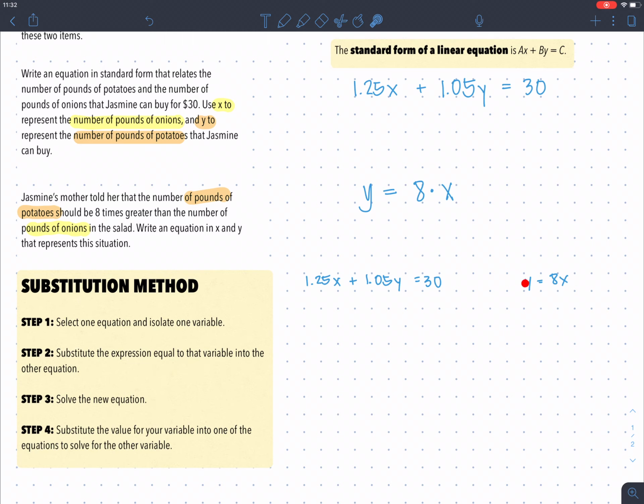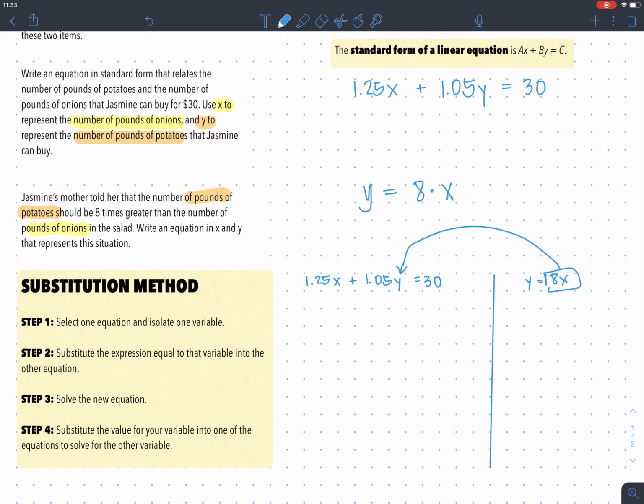It doesn't have to be y, it could be x, but because y is already isolated, I'm going to use that. So I'm done with step 1. Step 2, I need to substitute the expression that's equal to this variable into the other equation. So this 8x is going to be going into here because that is y.